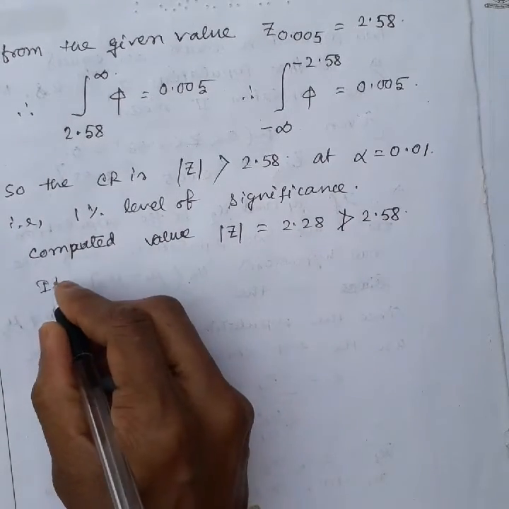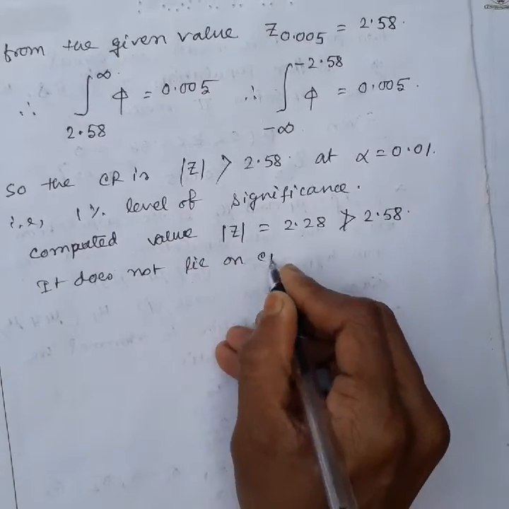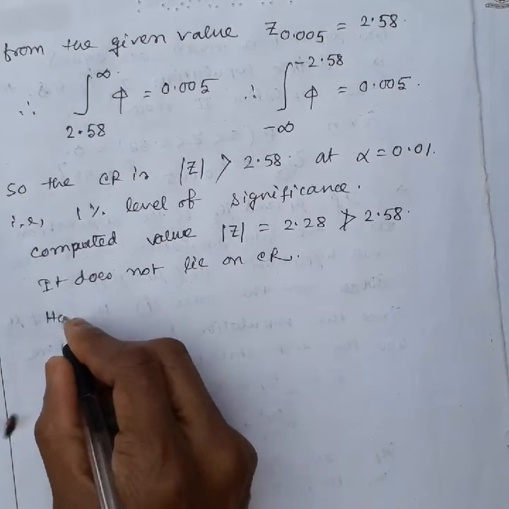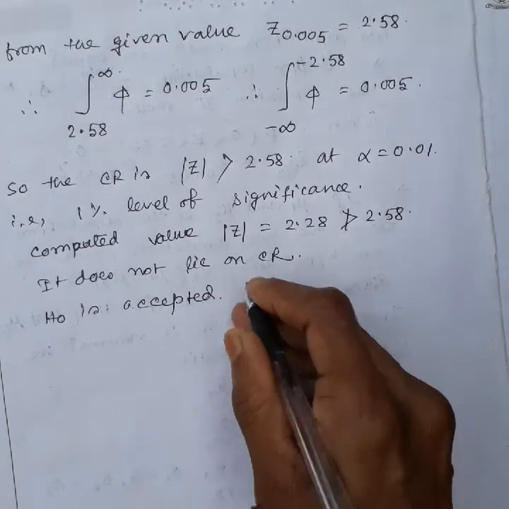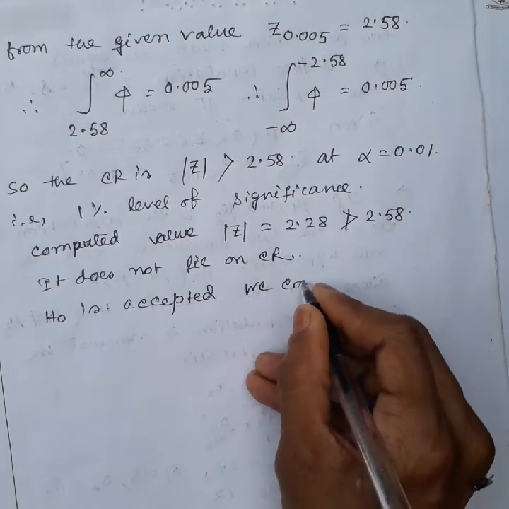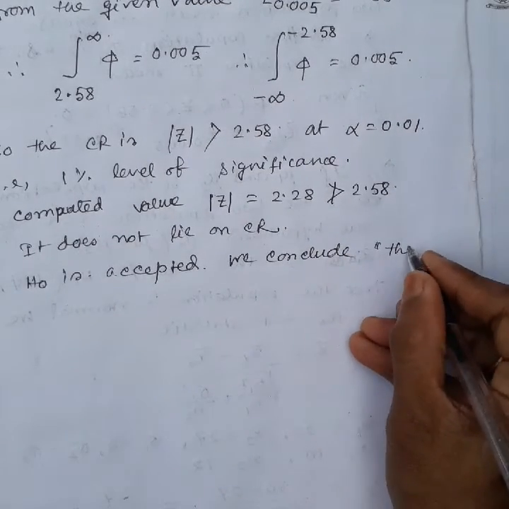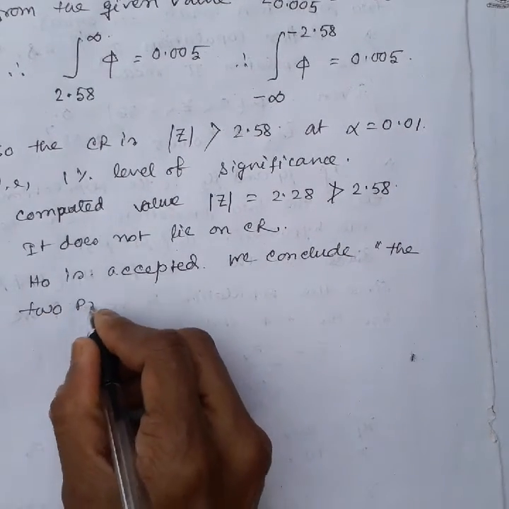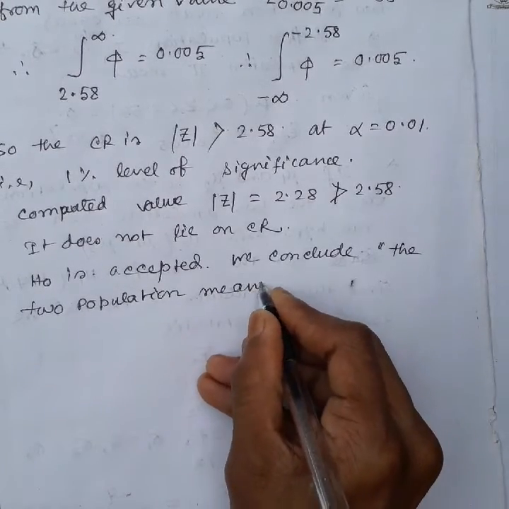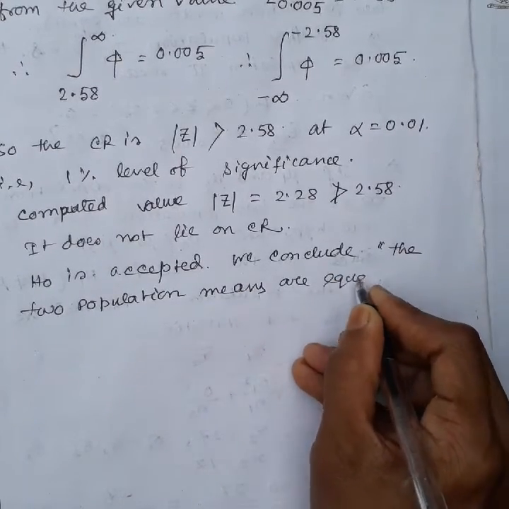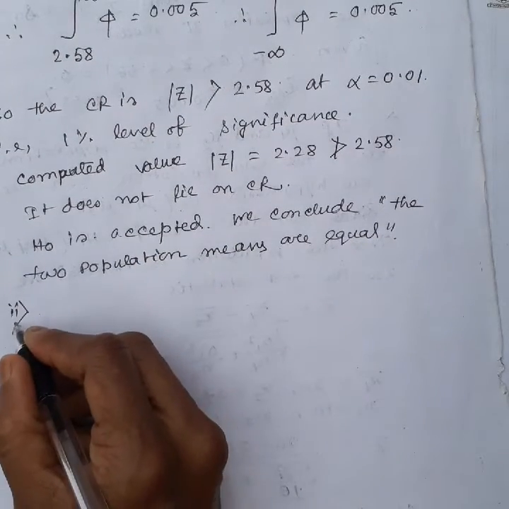That means it does not lie on CR. So H0 is accepted. That means we conclude the two population means are equal.